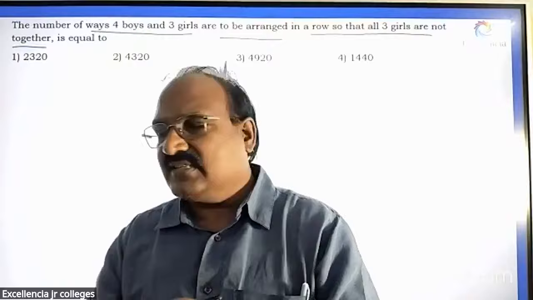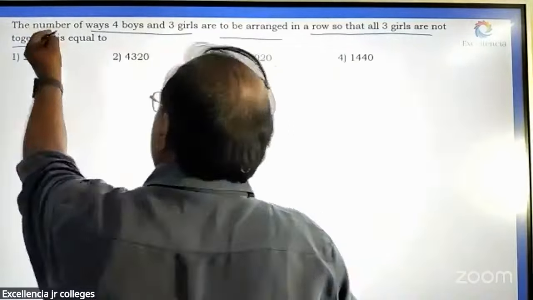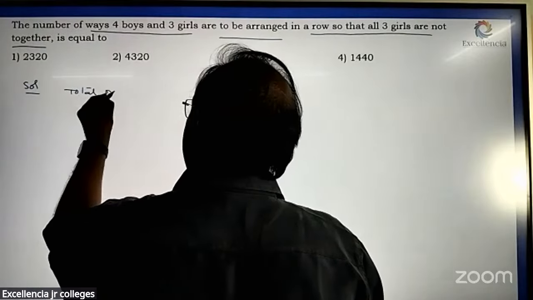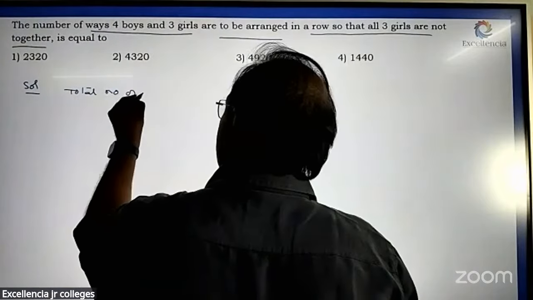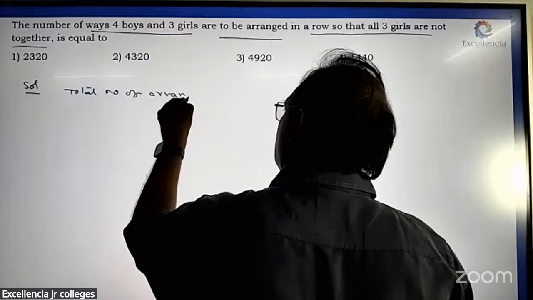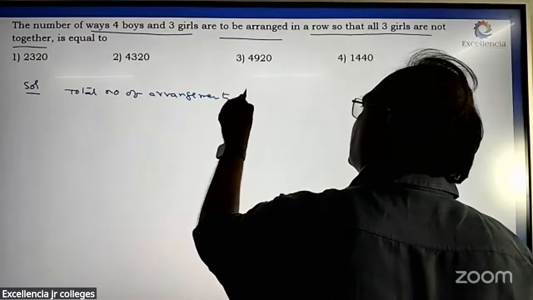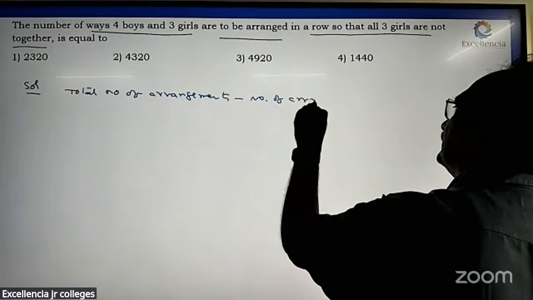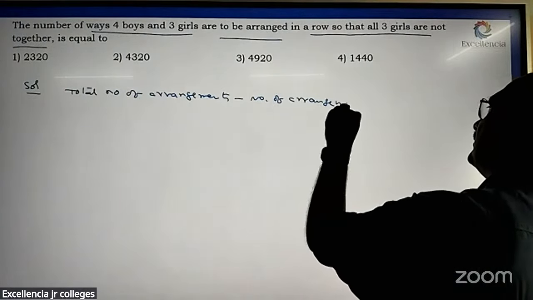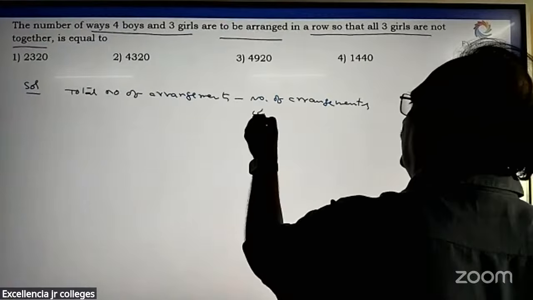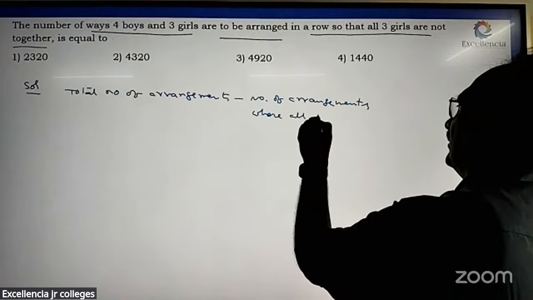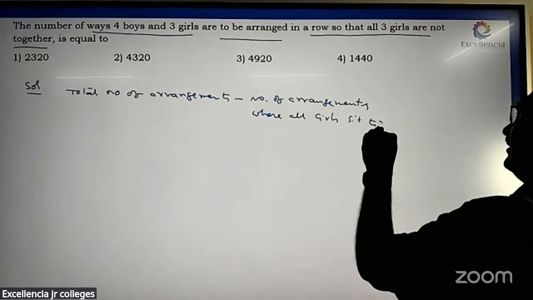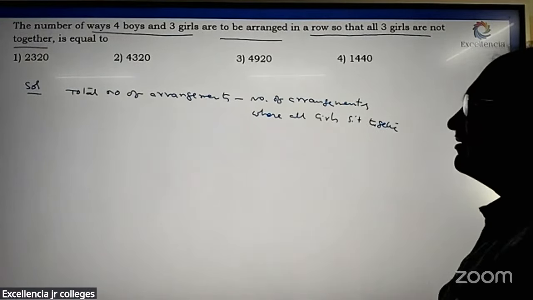The answer is very simple: total number of arrangements without any condition, minus the number of arrangements where all girls sit together. This is the concept behind this question.